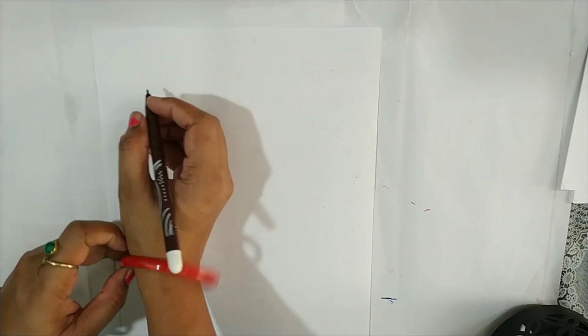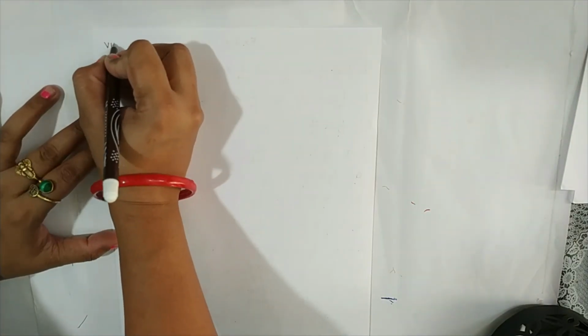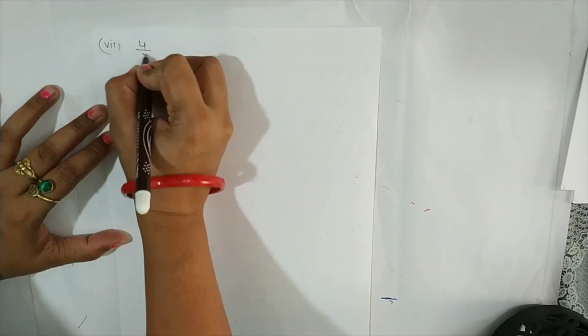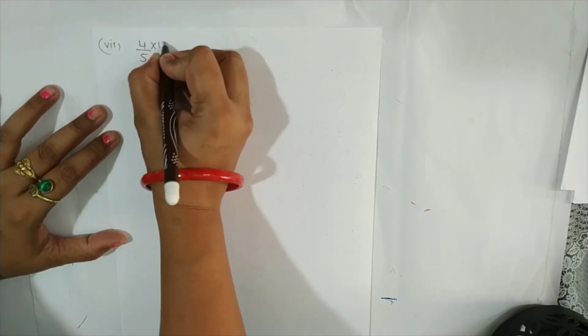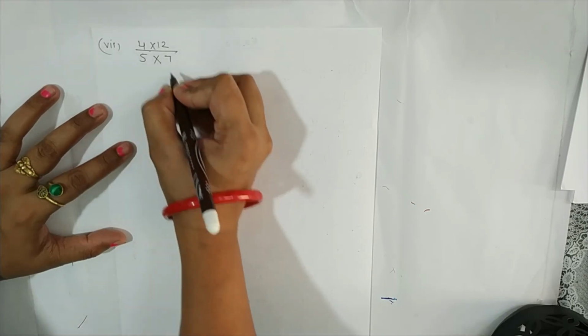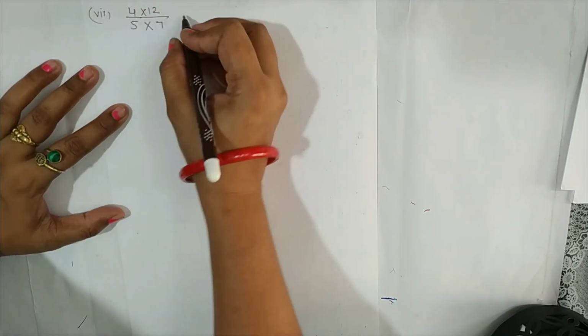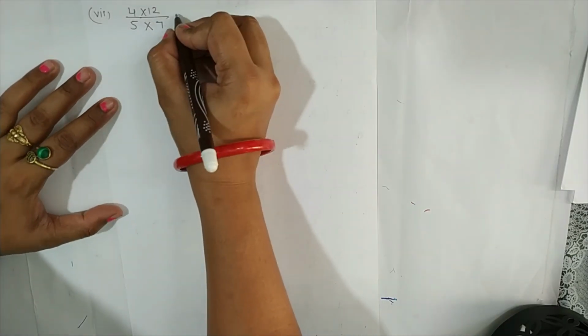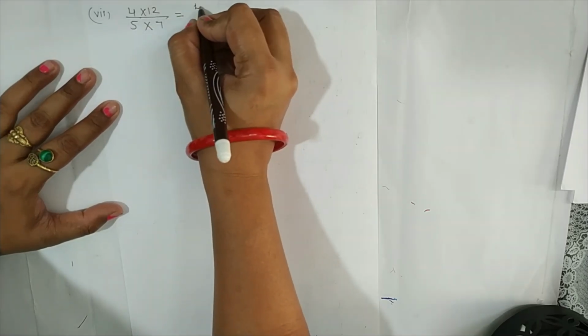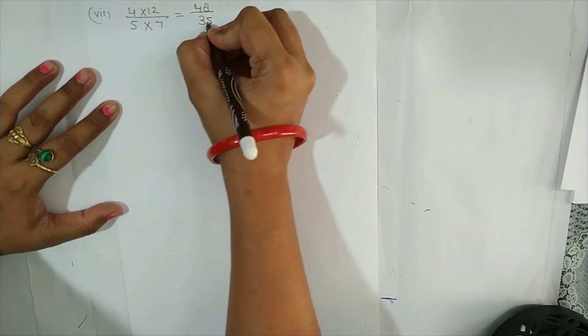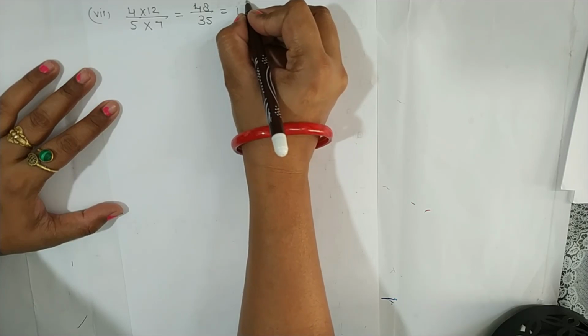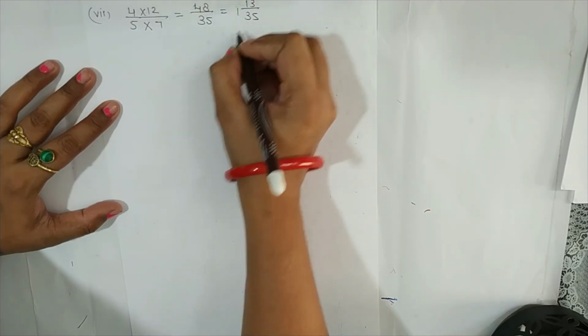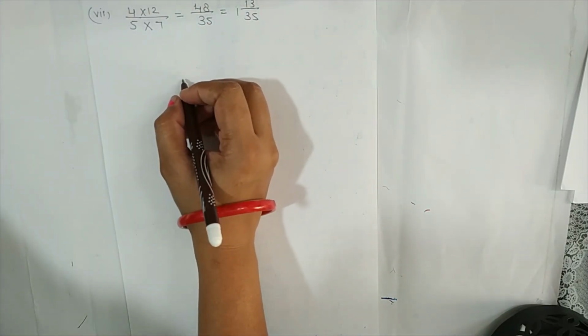Last one, seventh part, 4 upon 5 into 12 upon 7. Now it can't be reduced. So 12 4s are 48 upon 35. Now it will be converted into a mixed fraction. Now move on to the next question.